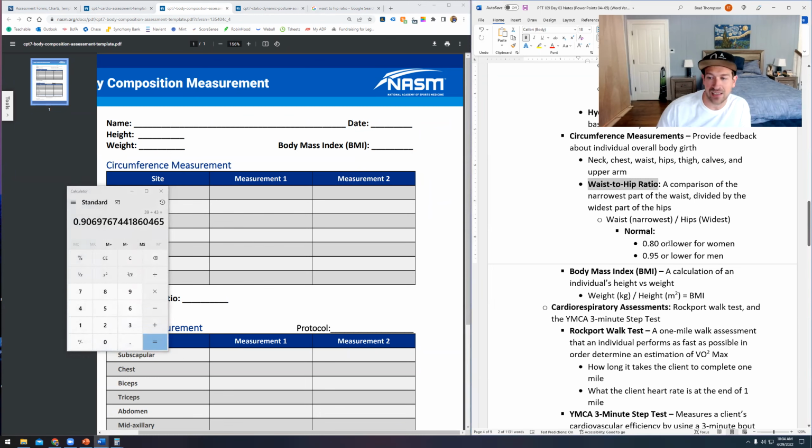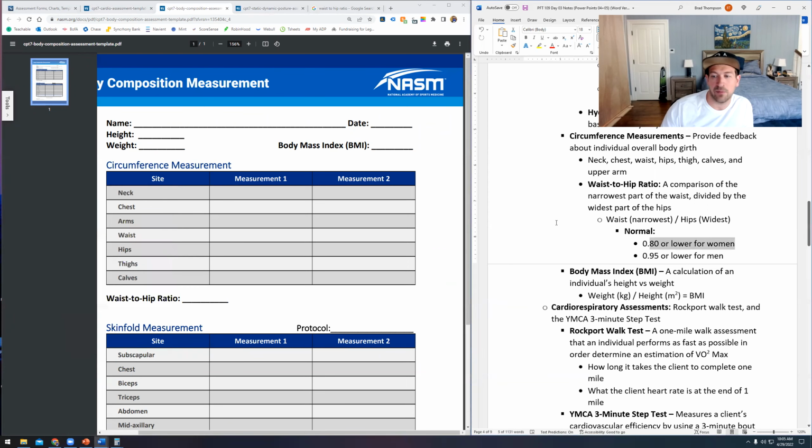Now, if my client is a male client, that's actually fine. That's a normal waist to hip ratio, right? If my client's a female, though, that actually falls outside of normal ranges, and that's putting them at a higher risk category. So we want that number to be 0.8 or lower for our female clients, and we want it to be 0.95 or lower for our male clients.